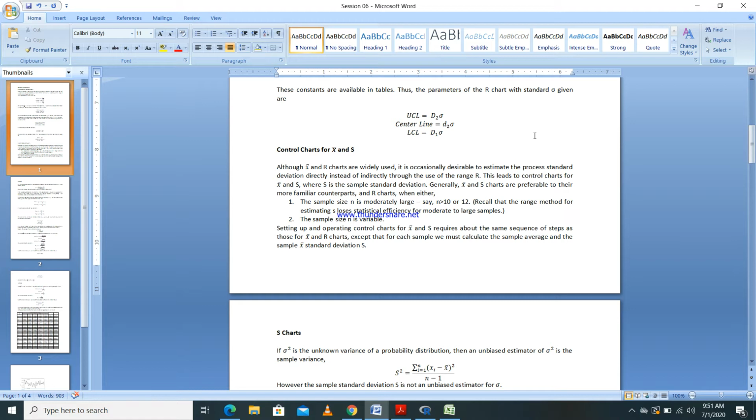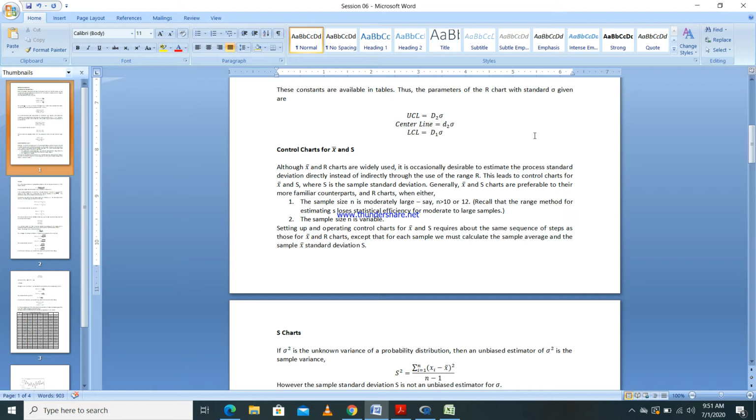If our process is in control, no problem, then we go for the X bar chart, and again check whether our process is in control or out of control. But when you draw your R chart and your process is out of control, you have to stop calculations and check the causes for this out of control signal.